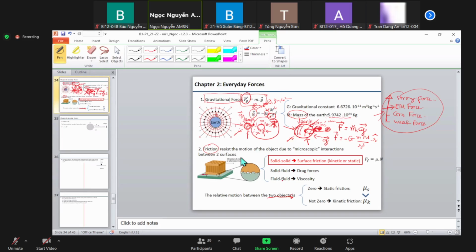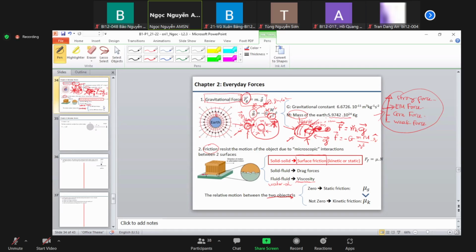And when you have interactions between a fluid and another fluid, like water and oil, for example, you call it viscosity. But in B1, you just care about the relative motion between solid and solid, and the interactions between them we call surface friction.